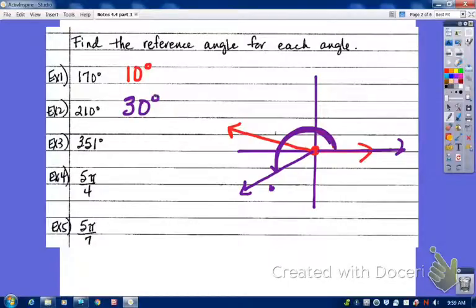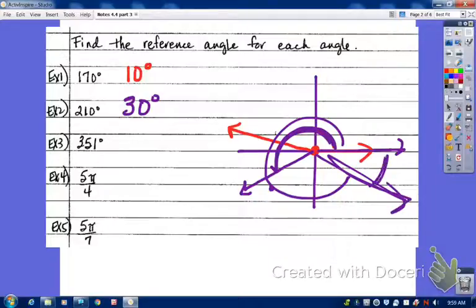Sometimes, if you're not sure, draw a picture. Okay, so let's try to do 3 without a picture. 351 degrees. Visualize that it is in quadrant 4. Okay, so would it be quicker to rotate back here to the x-axis, or all the way back around like that? 351 would be somewhere over here, right?